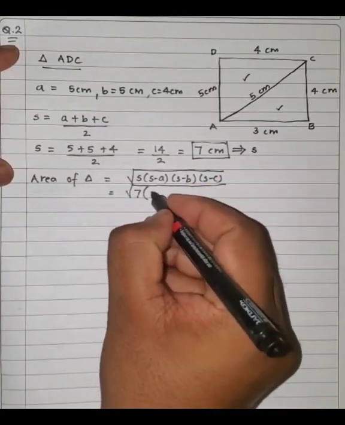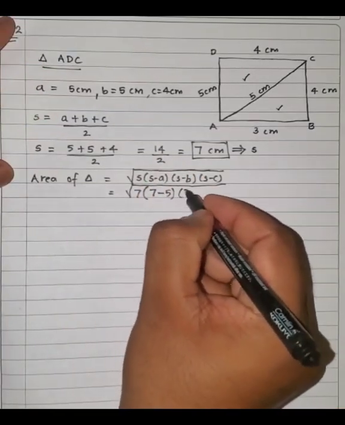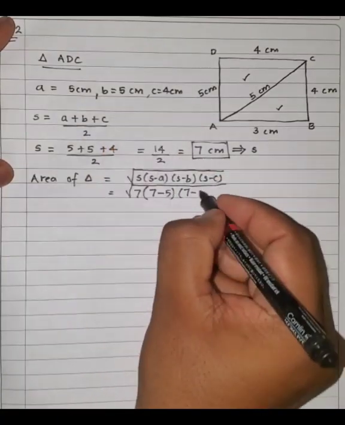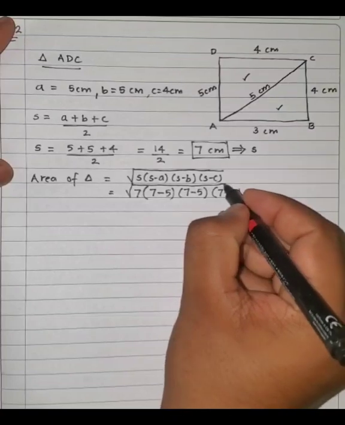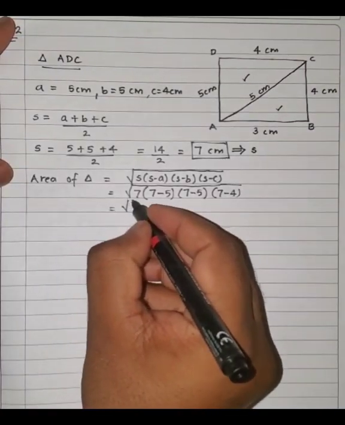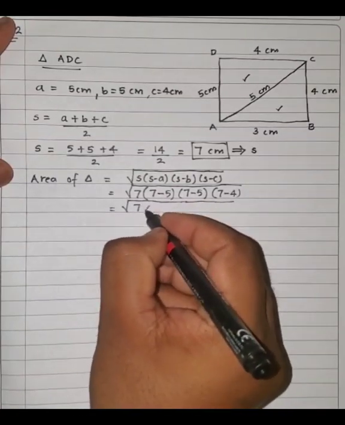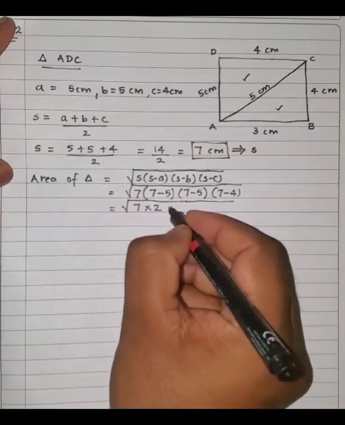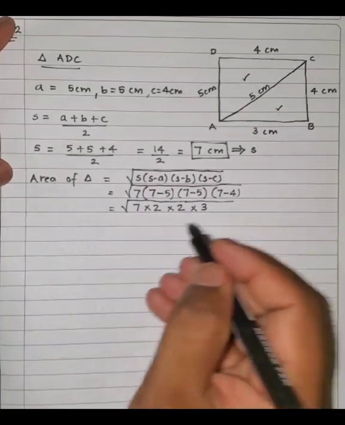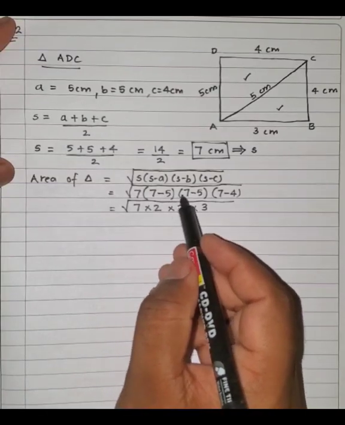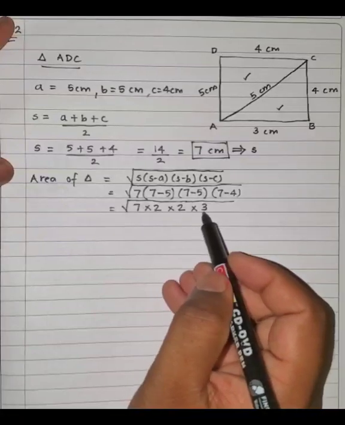So 7 into 7 minus A. What is A? 5. 7 minus B. What is B? 5. 7 minus C. C is 4. What is 7 minus 5? 2. 7 minus 5? 2. 7 minus 4? 3. So here you realize that the brackets have been solved, and what we have got is 7 into 2 into 2 into 3.